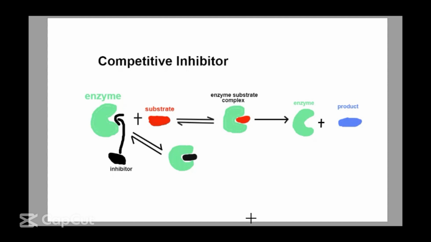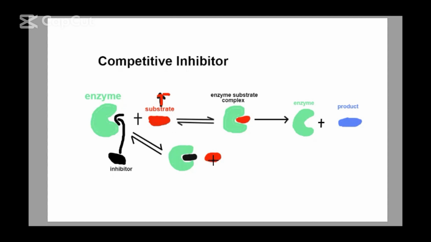Because the substrate cannot bind to the active site, the enzyme's affinity for the substrate goes down, and the affinity for the inhibitor goes up. Now the only way for this reaction to proceed is if we increase the substrate concentration enough, so that the enzyme's affinity for the inhibitor might go down a little bit.